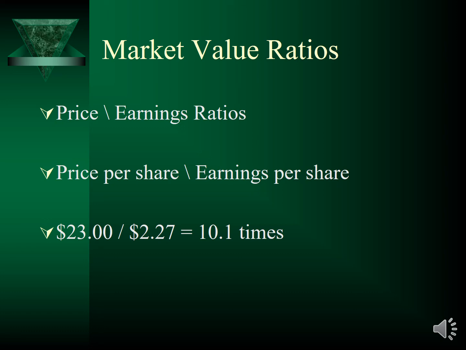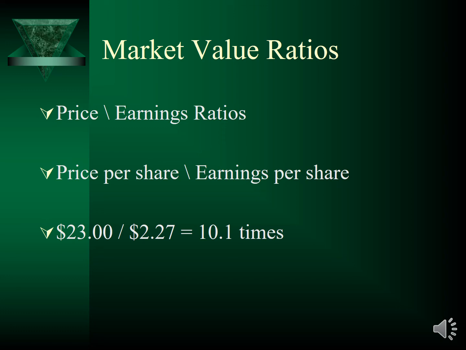So this ratio is also referred to as PE ratio, and PE ratio is a very important ratio for investors who invest money in the stocks of the company. And as you can see, the price of the stock is $23 divided by the earning per share, which is $2.27, and the answer is 10.1 times.